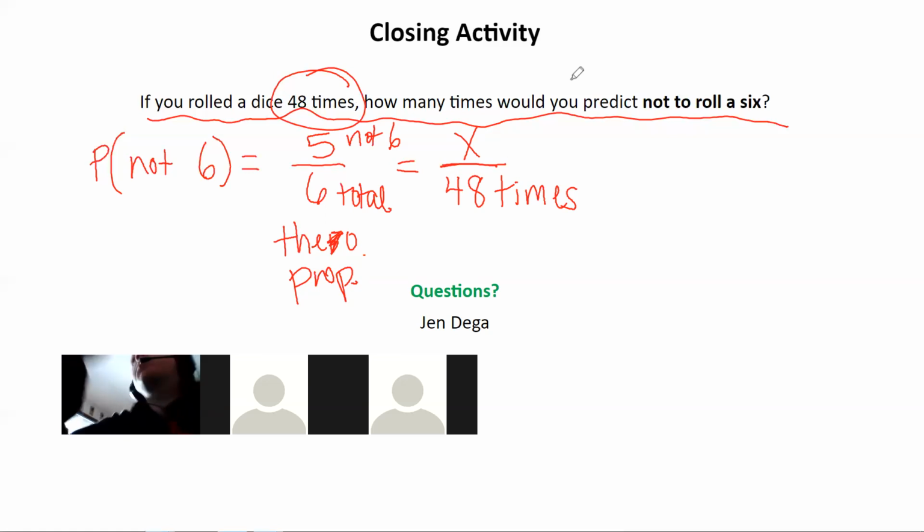So what would I multiply here? It could be. I wouldn't do 48 and 6 because look how it's set up here. 48 and 5. Yeah, I'm going to go 48 times 5. What's 48 times 5? Oh, that's okay.